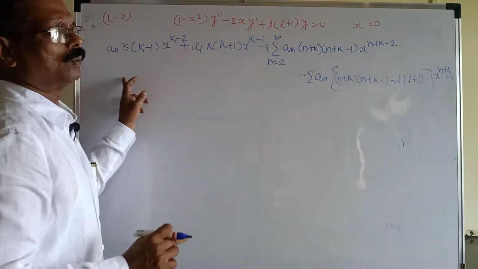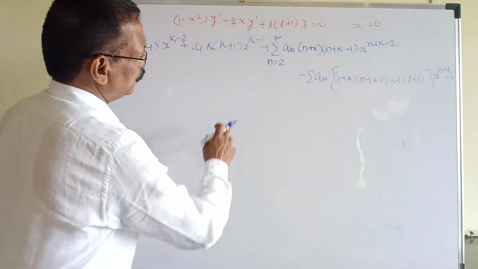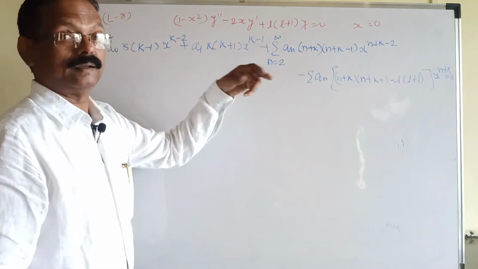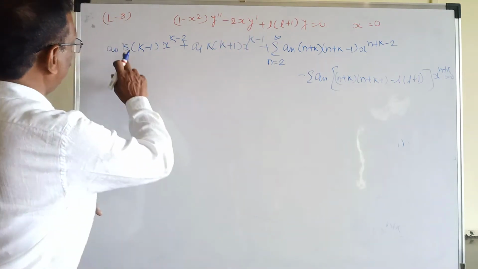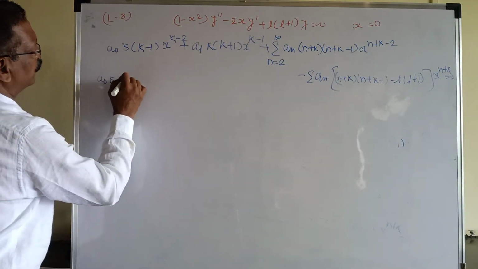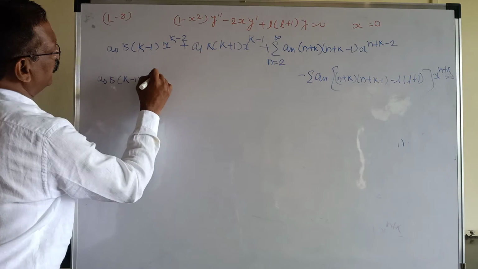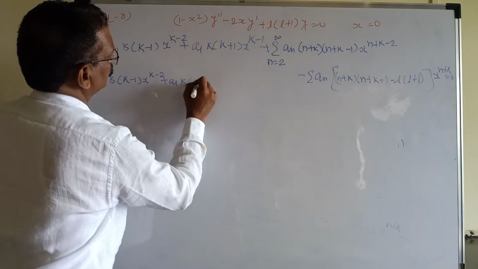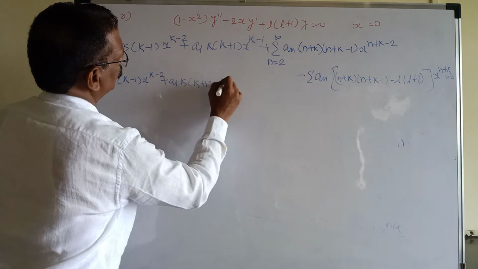Now what we have to do next: write the first two terms as they are. Then we have to replace n running from 2 to infinity by n running from 0 to infinity. First we write these two terms: a0 into (k minus 1) x raised to k minus 2 plus a1 into (k plus 1) into x raised to k minus 1.